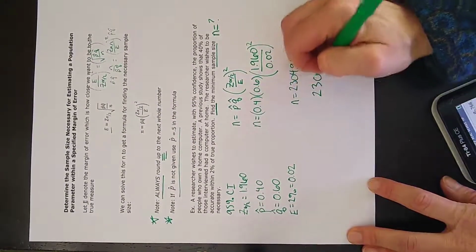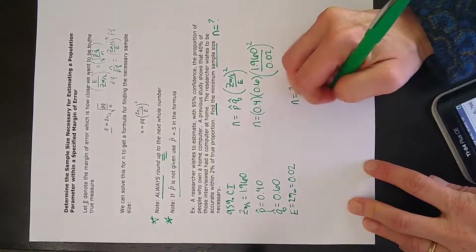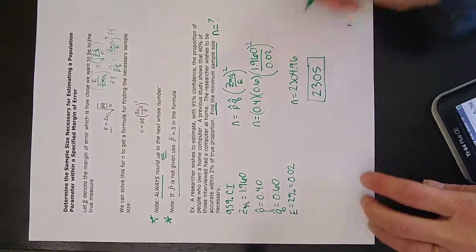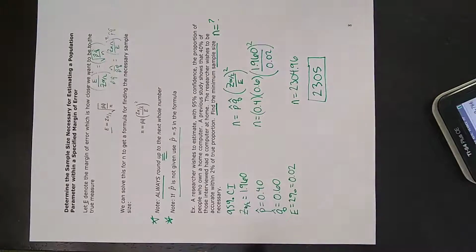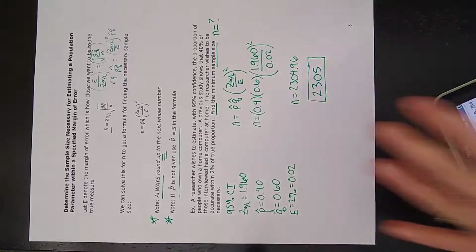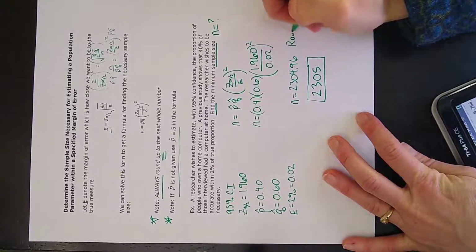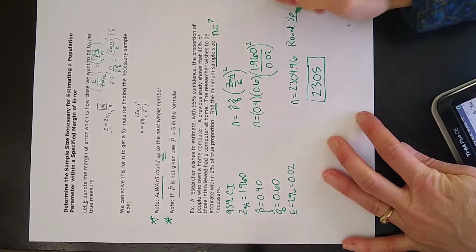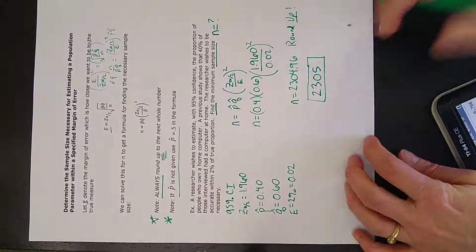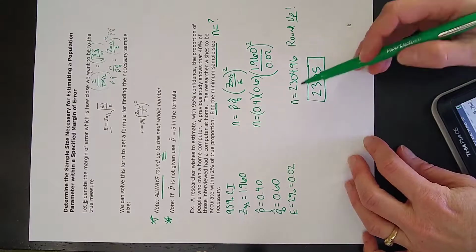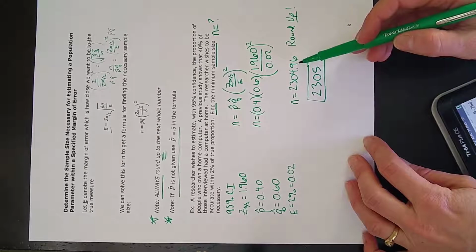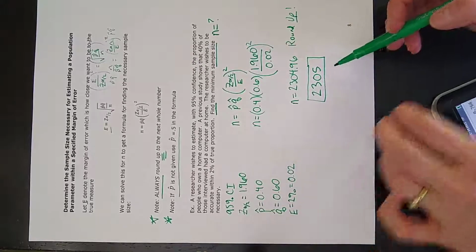So 2,305 is how many people I'm going to have to survey to show that my estimate is within 2% of what it really is. Okay? So round up, okay? Not just round, but round up. This one would naturally round up, but even if it was 2304.2, I would still round to 2305.